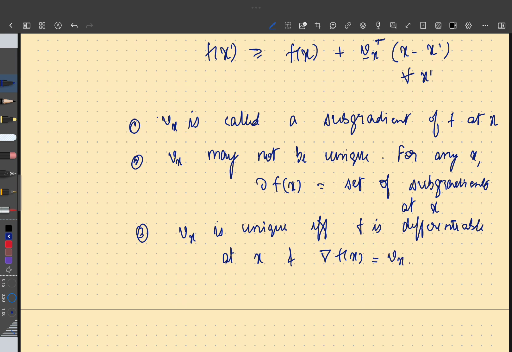In that case, the gradient is equal to the subgradient. So if the function is differentiable at all points, then every point has a unique subgradient that's equal to the gradient.